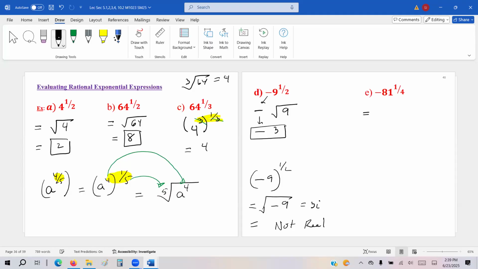Okay, the next one. What is our base? -81 or only 81? Only 81. So we have to rewrite only the 81. If you multiply 3 four times, 3 times 3 times 3 times 3, it will turn into 81. So what happens to the power 4 and fraction 1/4?